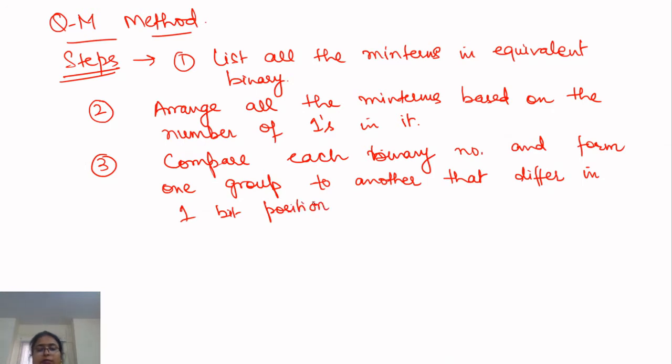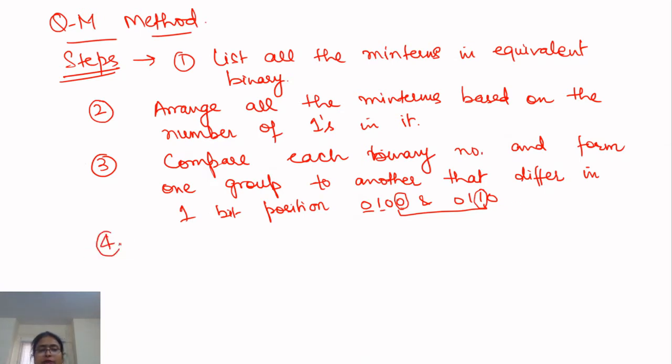For example, if it is 0 1 0 0 and another binary number is 0 1 1 0, in the third bit it is different, otherwise all the 3 bits are the same. So this forms a group, because 0 1 0 are the same, but the third bit is different, so in 1 bit position they differ, so this forms one group.